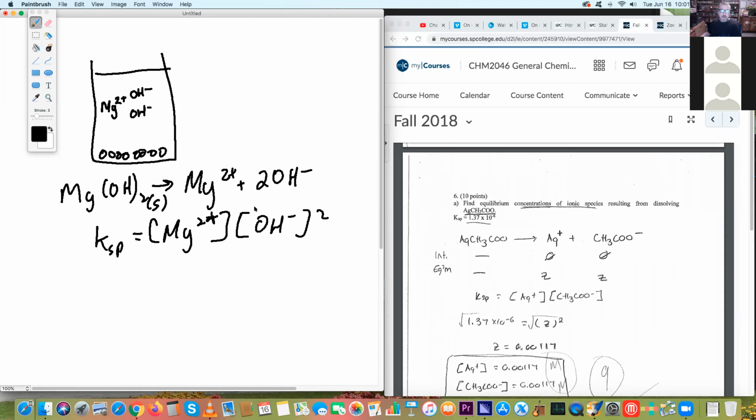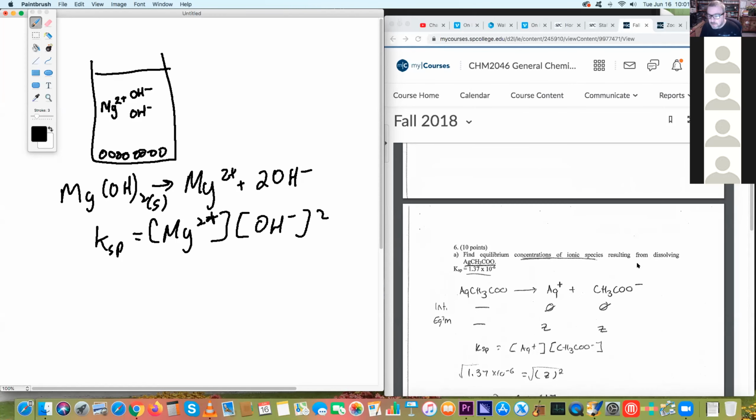It's almost like the MgOH2 solid doesn't really matter because it doesn't have a concentration associated with it, because it's a solid. So the only thing that really matters is the aqueous ions that we get from the solid dissolving in the solution. We are given in this kind of problem a KSP value, which allows us to figure out what the concentration of these ions is going to be.